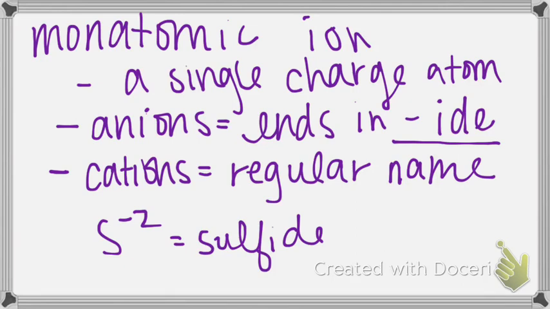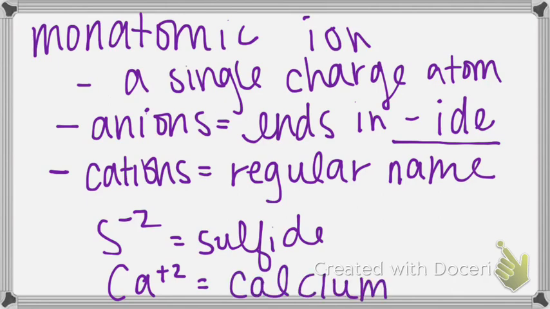Okay, wait, why is that the anion or cation? Because the cations are positive? Yep, cations have a positive charge, anions have a negative charge. So by the fact that it's -2, that tells me it's an anion. It's got a negative charge. If I asked you to name this molecule, Ca+2, you would just still call it calcium. It doesn't change its name, whether it's charged or not. So the cations don't have a change in name.